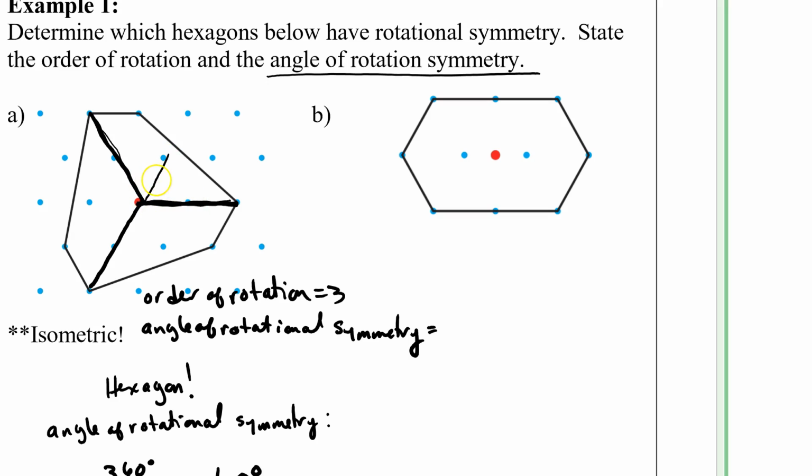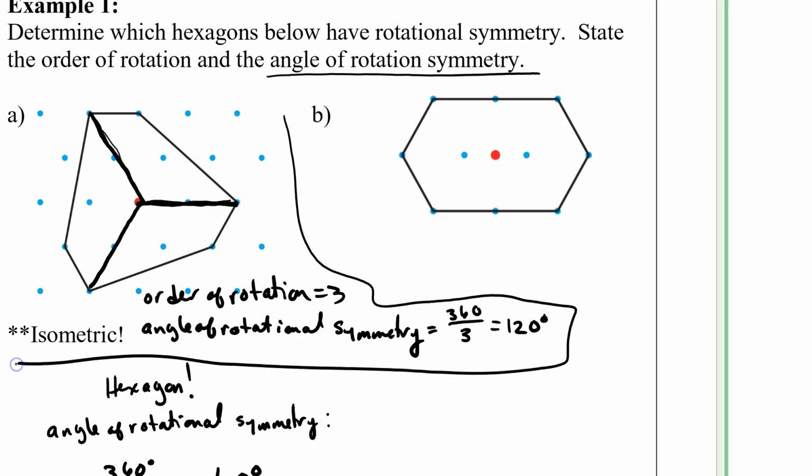Now we know that each one of these is 60. So 60 plus 60 is 120. So we already know that the answer is 120. So let's see if this works. We know that the angle of rotational symmetry is 360 divided by 3. 360 divided by 3, ding, ding, ding. That is simply 120 degrees. So we got it.